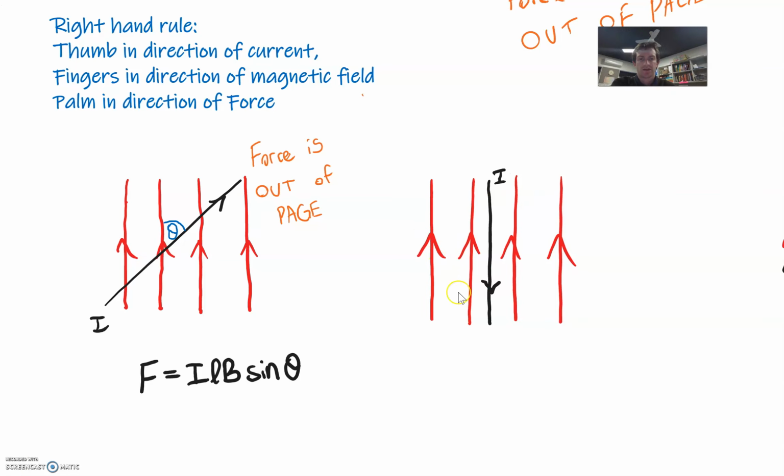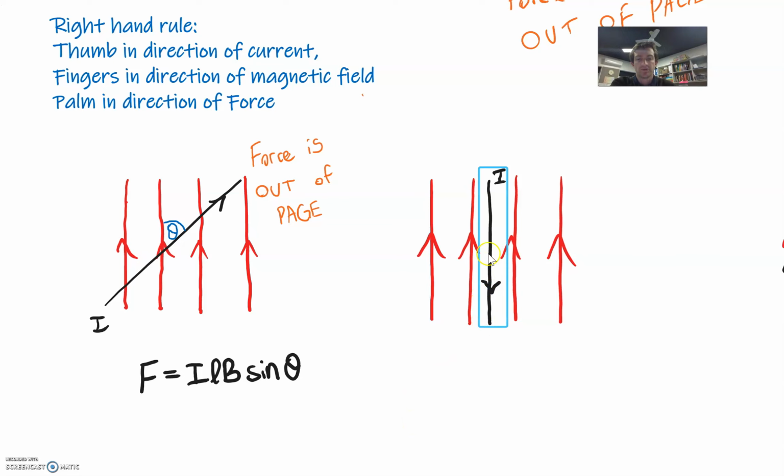For our last example, the current and the magnetic field are not exactly in the same direction, but they're parallel to each other. If the current is parallel to the magnetic field, this could also be going up, and that would still be parallel, then the amount of force the wire feels is 0.